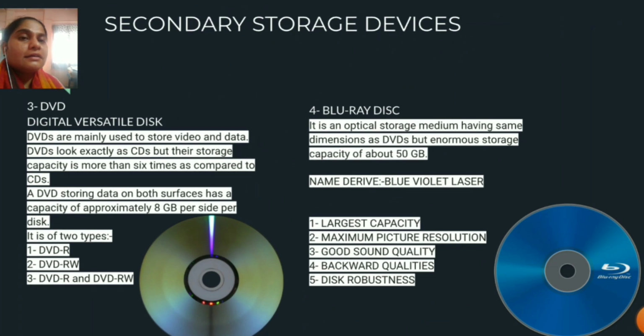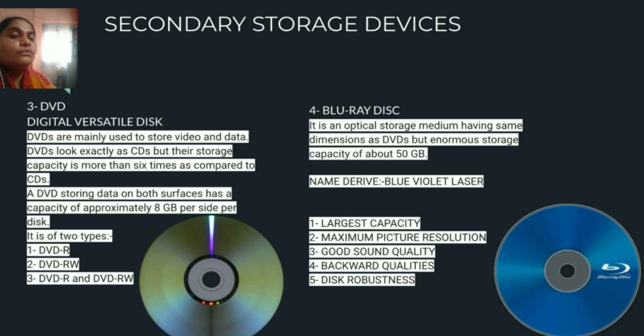Next is number third, DVD, digital versatile disc. DVDs are mainly used to store data and backups. DVDs look exactly like CDs, but their storage capacity is more than 6 times as compared to CDs. A DVD storing data on both surfaces has a capacity of approximately 8 GB per side per disc.